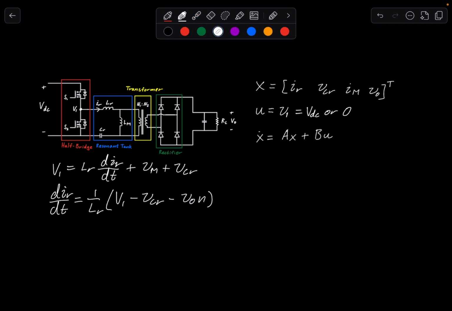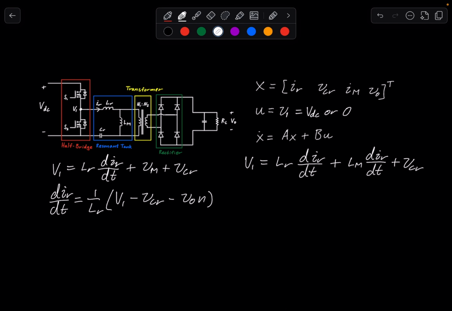We can rewrite this voltage in another way. We have LR multiplied by dIR over dt, and now we have Vm as a function of the current as well. So it's LM multiplied by the change of current over time, and then plus VCR.